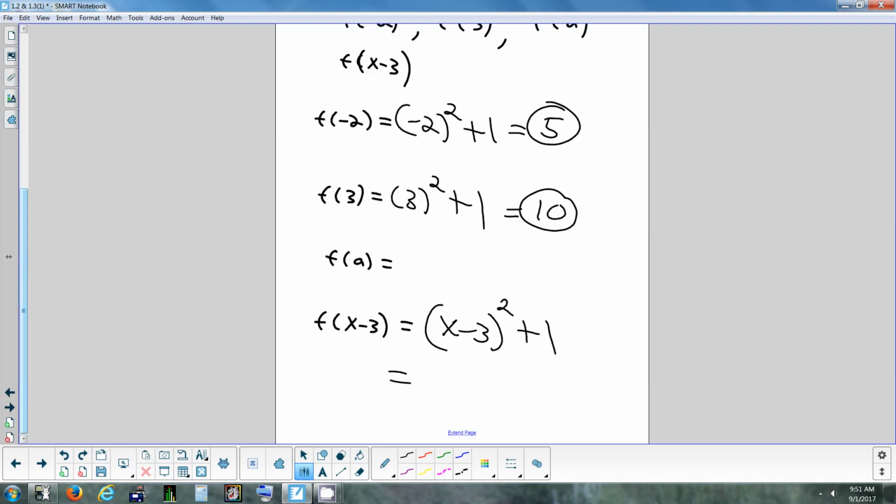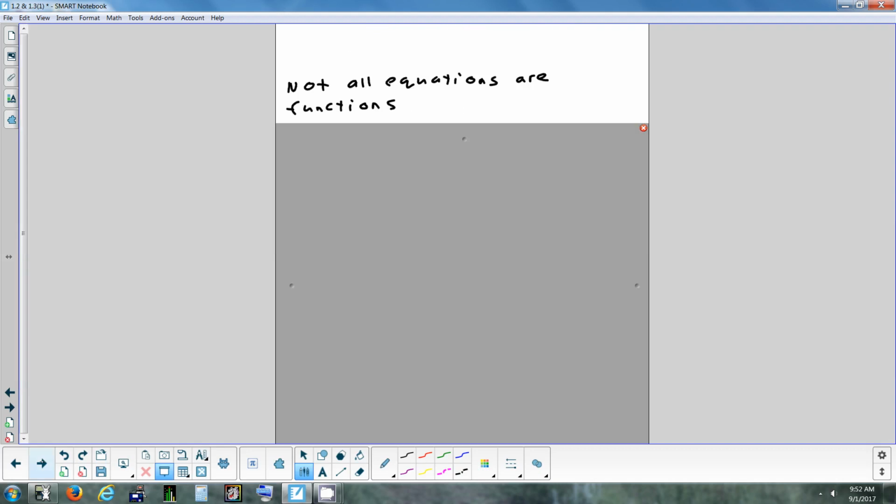Yeah, it's a double distributive, or some people use the word FOIL. I don't know if you've heard that term before. In pre-cal, I'm assuming you can figure out how to do that. It would be x squared minus 6x plus 10 when you combine all your like terms. Okay, and that's what you get. So when they ask you to evaluate, you're just plugging in whatever they give you and doing out the calculation.